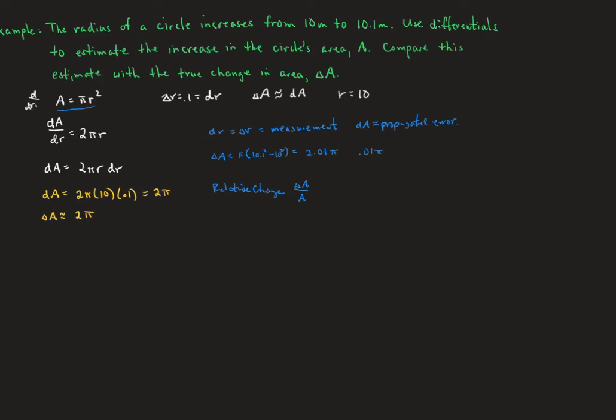We will approximate that with a dA over A. And then we can get to a percent change, or it might be a percent error. If we were talking about a measurement error, then we will take that delta area over the area and multiply it by 100, or we can approximate it with our differential dA over A times 100.